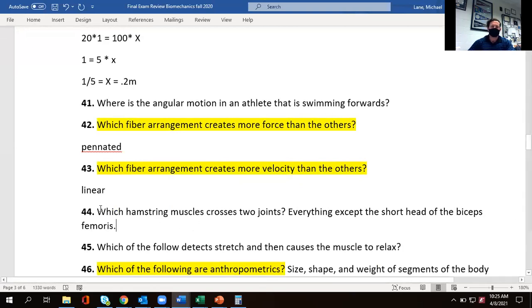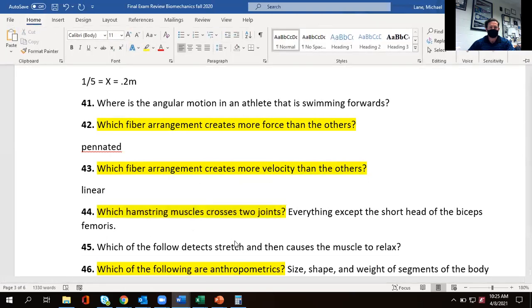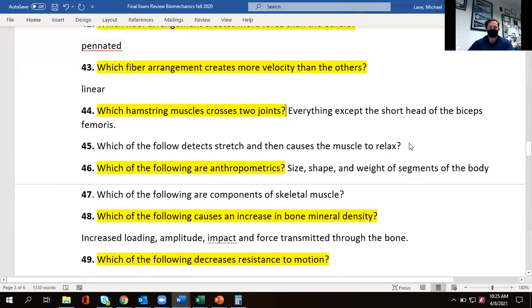So that's going to be the semimembranosus, semitendinosus, and then the long head of the biceps femoris. This is going to be the Golgi tendon organ.